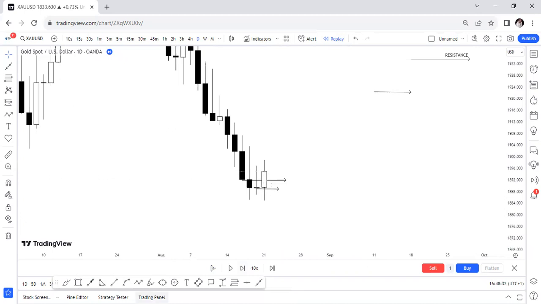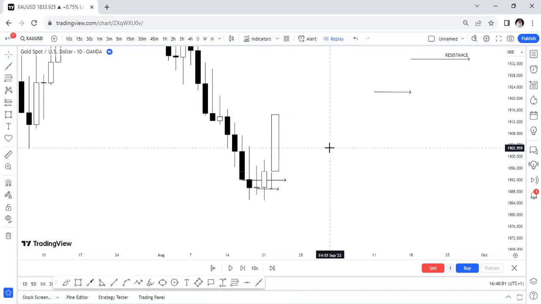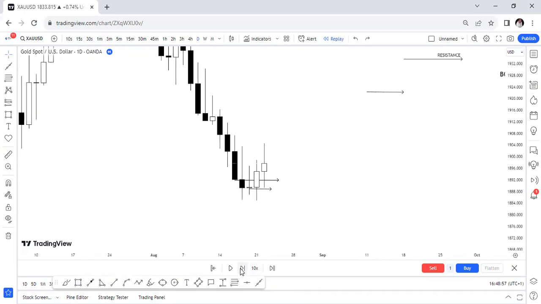The wick must touch it. You want to see this, not the body, so that you can buy above. Let's see what happens after we see the wick.